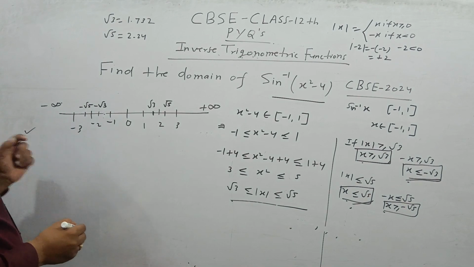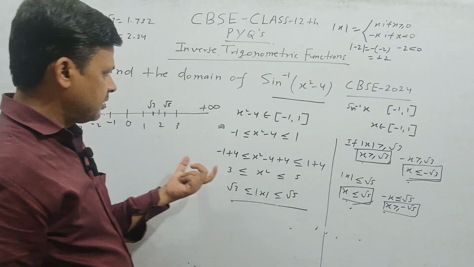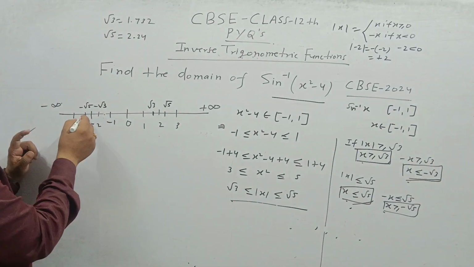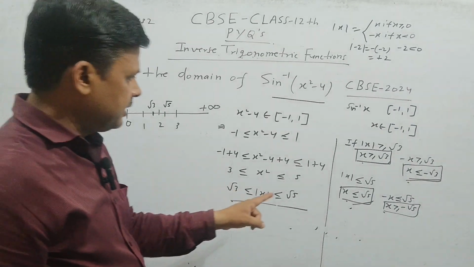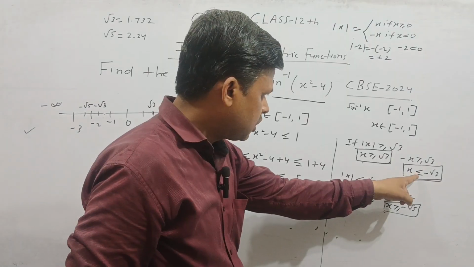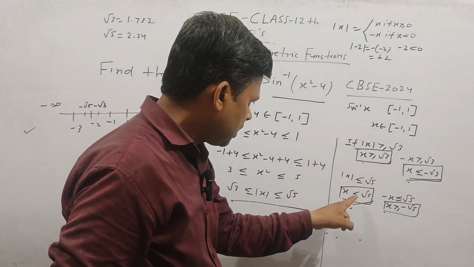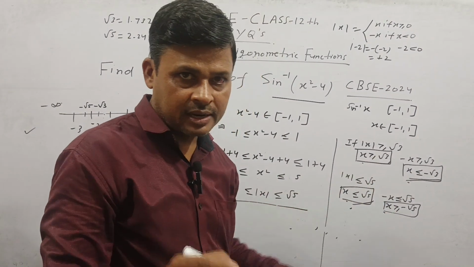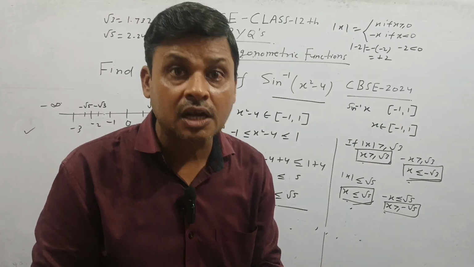So let's see, what is the domain? The domain comes from here. There will be the sign of less or equal to or greater or equal to in all the results, so we will use the closed interval here.